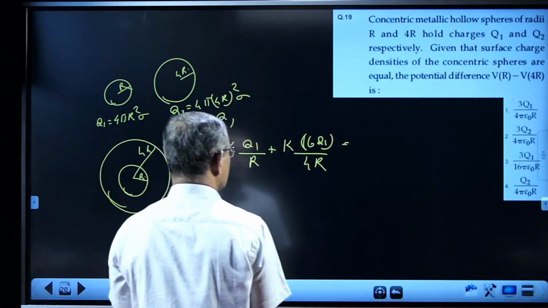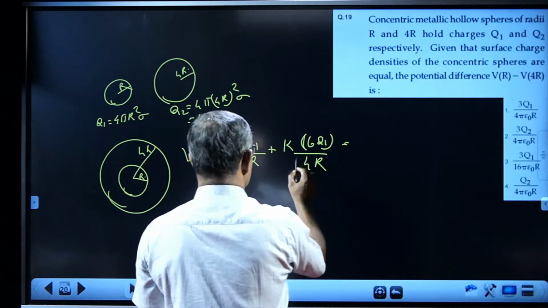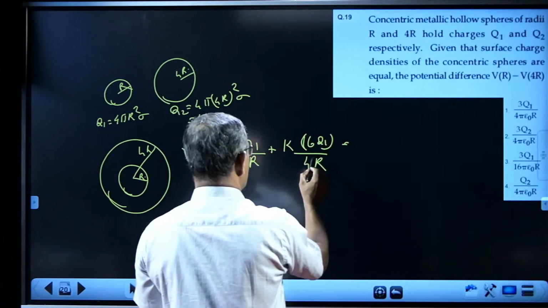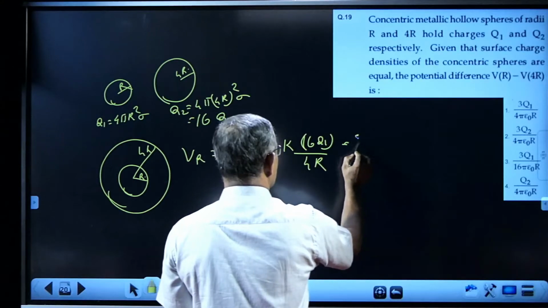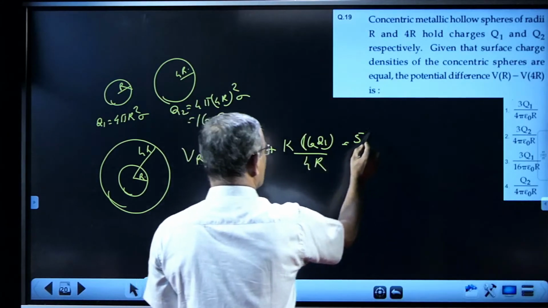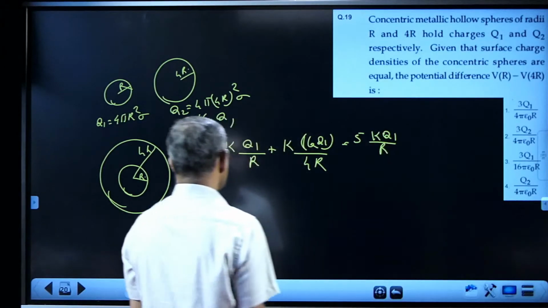On calculation, this gives 5 K Q1 by R. This is V_R.